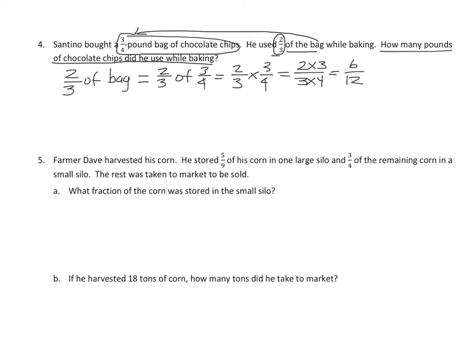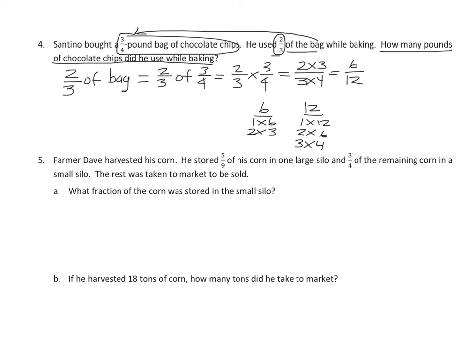6/12. Now we're going to see what 6/12 is in simplest form. I can already see that 6 and 12 are even numbers, so I can divide them by 2, but I think there might be a bigger number that they both share. So I'm going to write my factors for 6: 1 times 6, 2 times 3. 6 has 4 factors. 12 has 1 times 12, 2 times 6, and 3 times 4.